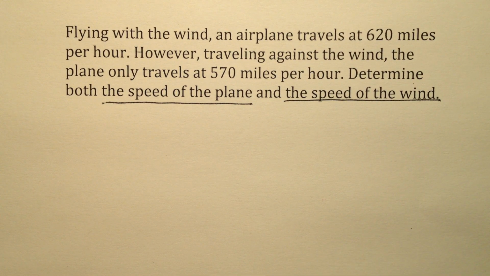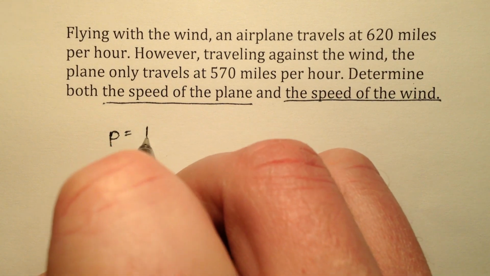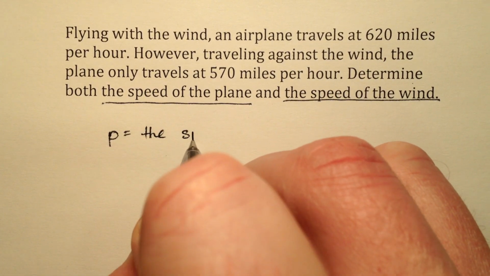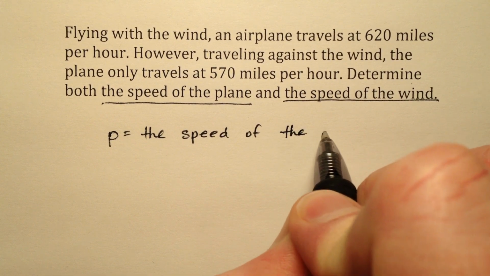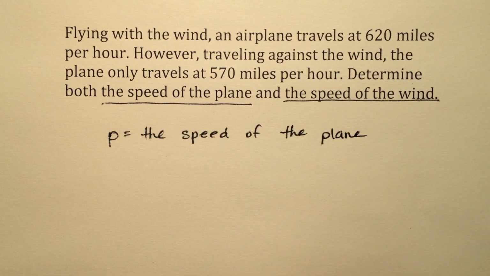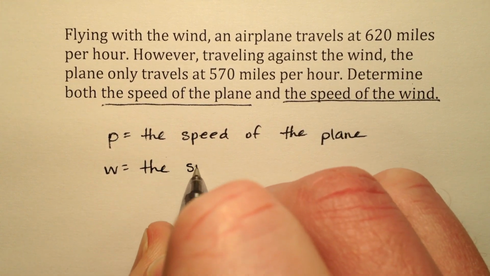So we know what we're looking for here, the speed of the plane and the speed of the wind. So let's go ahead and make our variable definitions. So I can say P is the speed of the plane and W maybe is the speed of the wind.